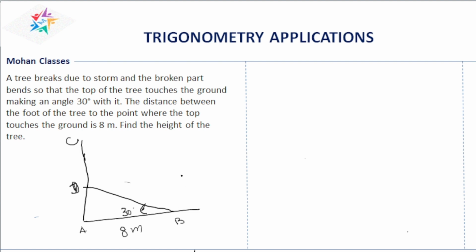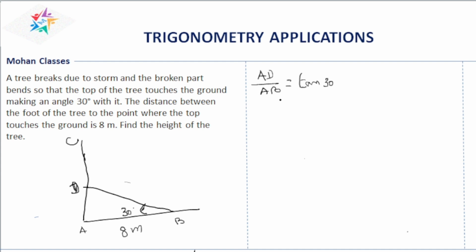Okay. Now let us first find what AD is. AD by AB. AD is the opposite side by the adjacent side, which is equal to what? Tan theta, right? Here the angle is 30 degrees, tan 30.